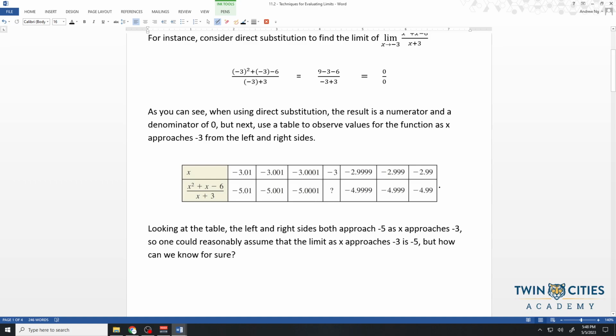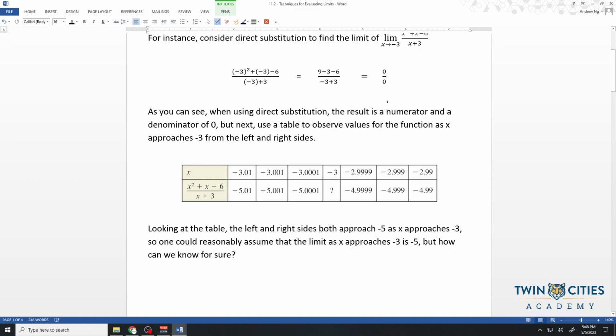From the other side, -2.99, if I plug that in, that'll be -4.99. -2.999 gives me -4.999, and -2.9999 gives us -4.9999. But then at -3, it's 0 over 0.